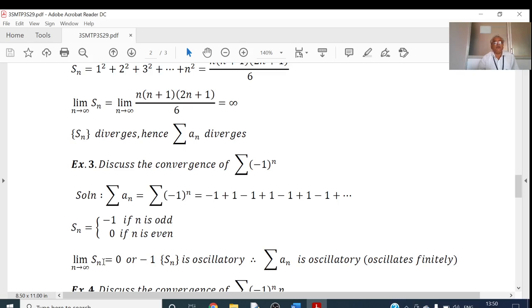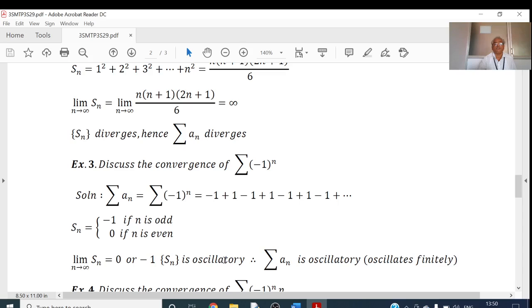If I take the limit of Sn as n tends to infinity, this is equal to either 0 or minus 1, depending on n. So that means here, the limits are finite, but the limits are not unique. The limit is not unique here. So that means Sn is oscillatory. That is, this sequence is oscillatory.